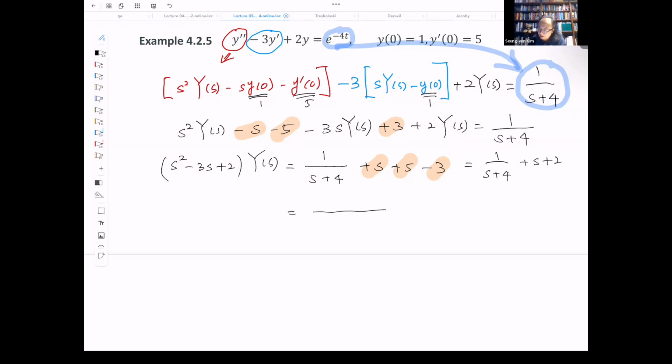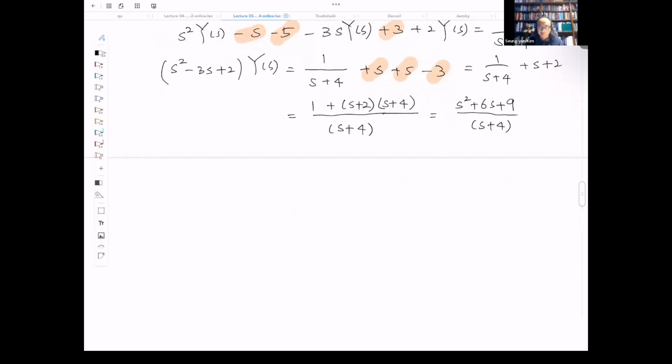If we have a common denominator, we have s plus 4. The first term is 1, plus s plus 2 times s plus 4 for the numerator, and that equals s squared plus 2s plus 4s, which is 6s, 2 times 4 is 8, plus 1 is 9, over denominator s plus 4.